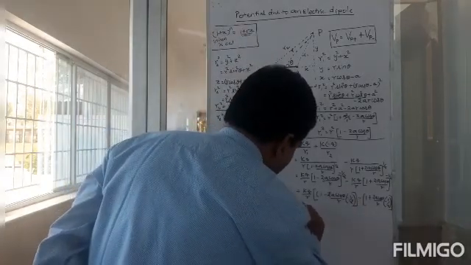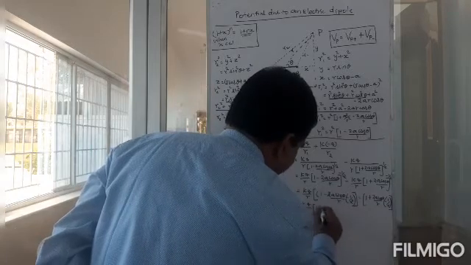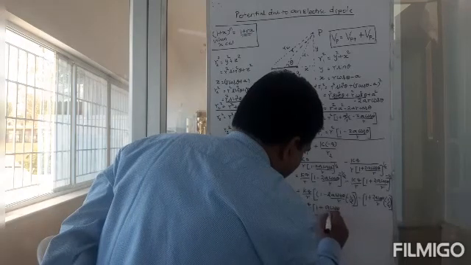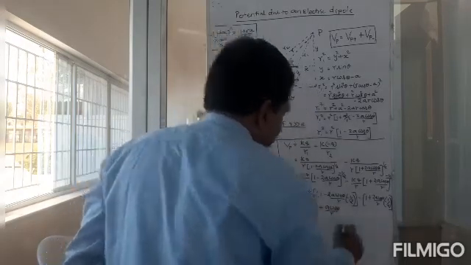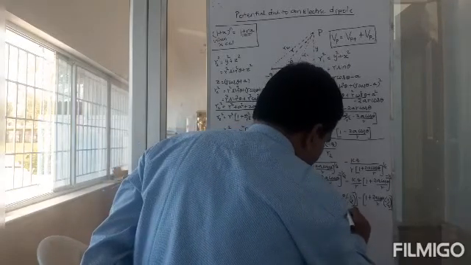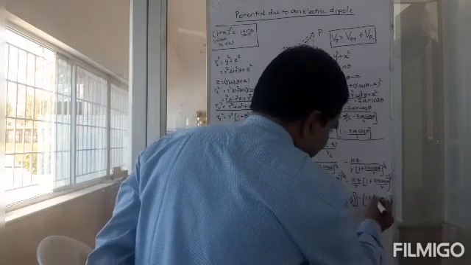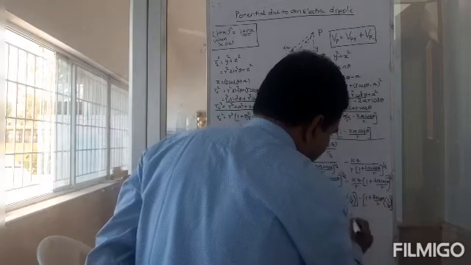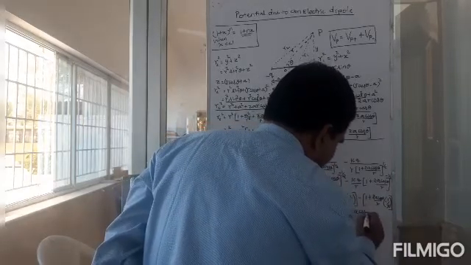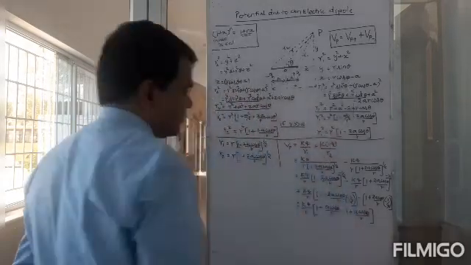So I get this: k cube by r into 1 plus a cos theta by r, then minus of minus 1, I can say, minus 1. Then you have minus of minus will become plus, so plus a cos theta by r. That's the expression you get.